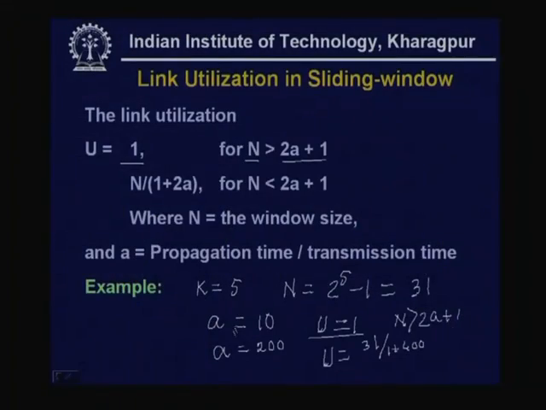Before the window is exhausted, all the frames of that window are transmitted, it receives an acknowledgement, and so it keeps on expanding the window in one direction. So in this way continuous flow of traffic is possible if the value of n is chosen such that it is greater than 2a plus 1. So you see that link utilization can be significantly better in case of sliding window protocol.